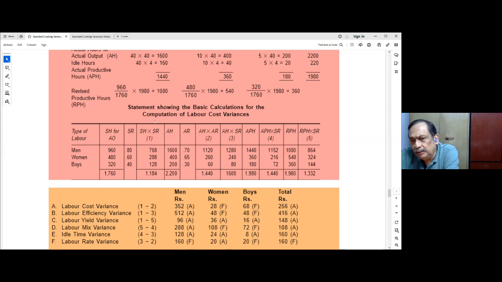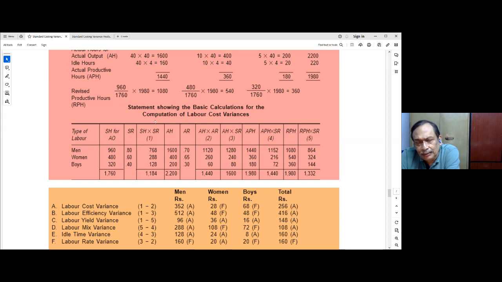Here we have two more additional columns. The first column is type of labor, and below that we write men, women, boys. Then standard hours for actual output: 960, 480, 320. Total comes to 1760. Standard rate is given: 0.80, 0.60, 0.40.